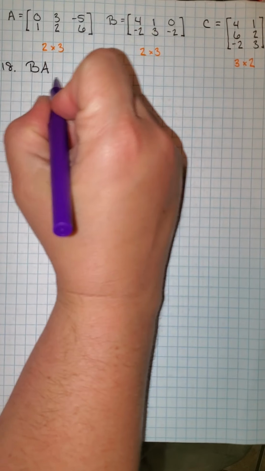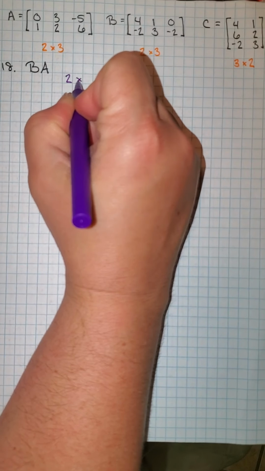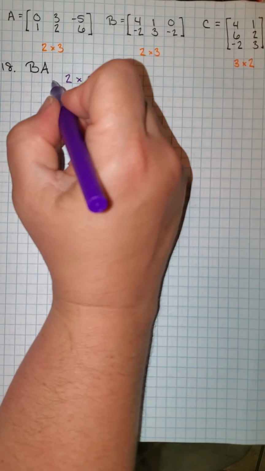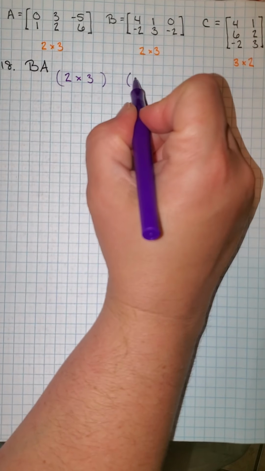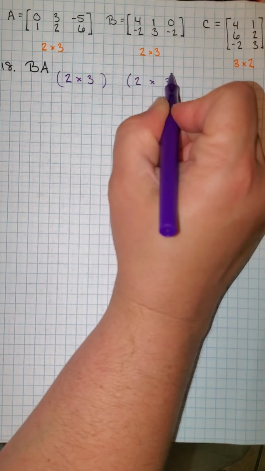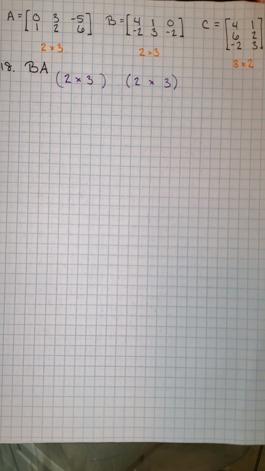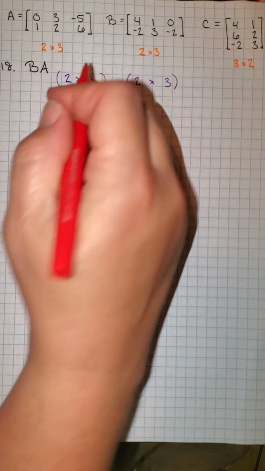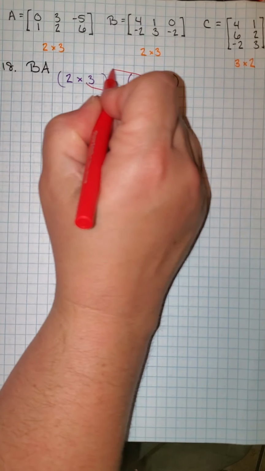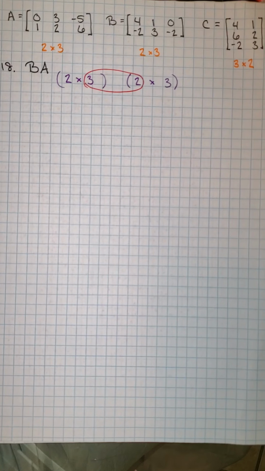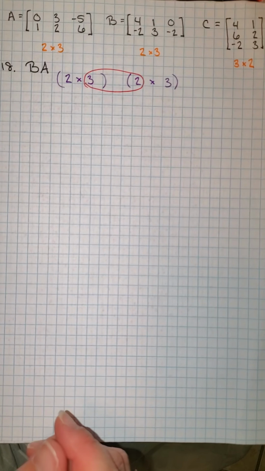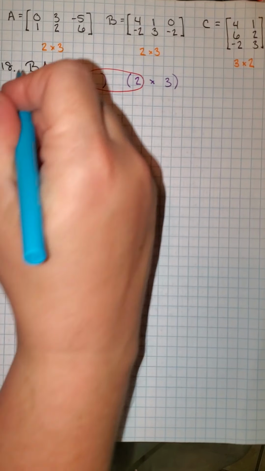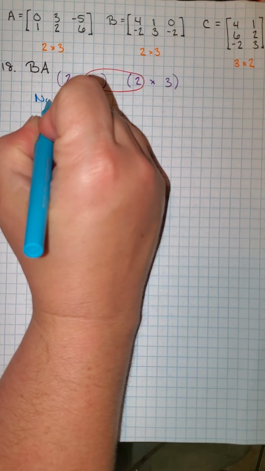So B is a 2 by 3, and then A is a 2 by 3. Looking at the middle numbers, it's a 3 and a 2. The two middle numbers do not match. So you cannot multiply B times A. So the answer is not defined. Can't do it.